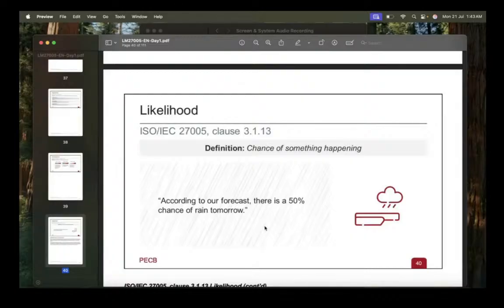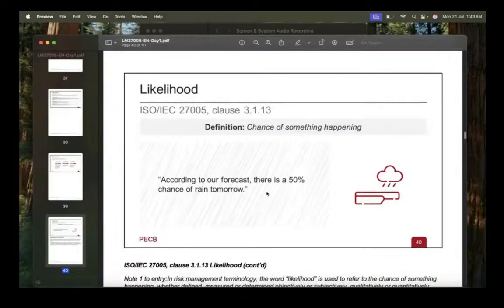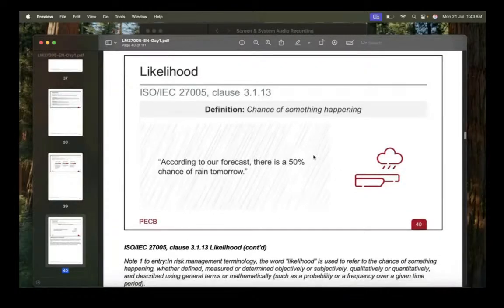As in the example given here, according to our forecast, there is a 50% chance of rain tomorrow. So it means a chance of something happening. The chance of rain happening is 50% tomorrow. This definition is also taken from ISO 27005, clause 3.1.13.